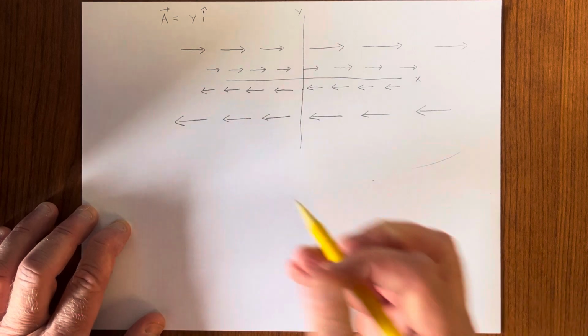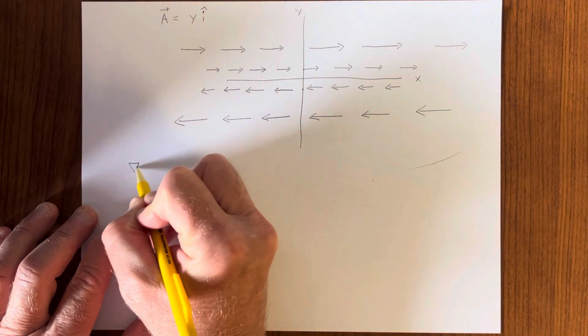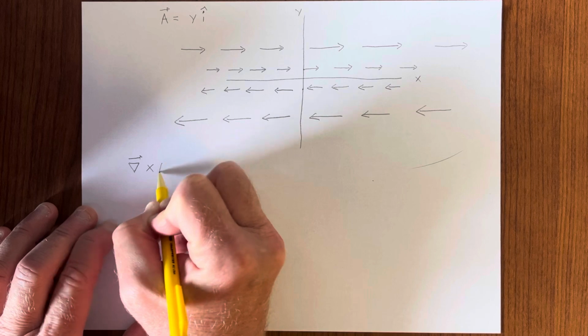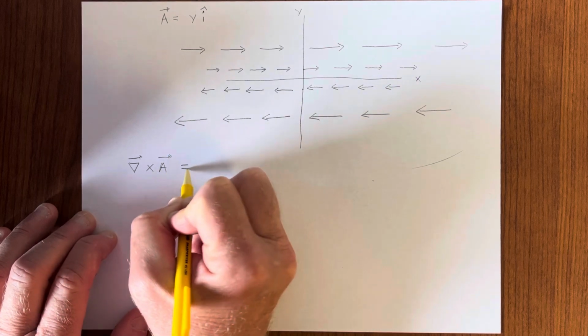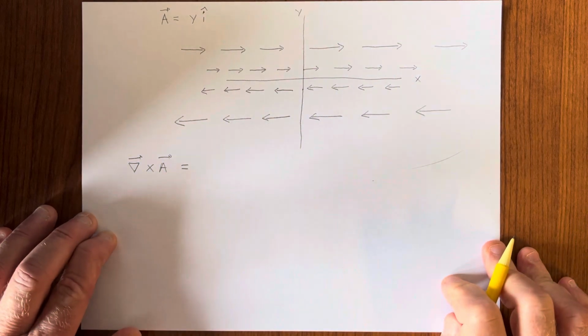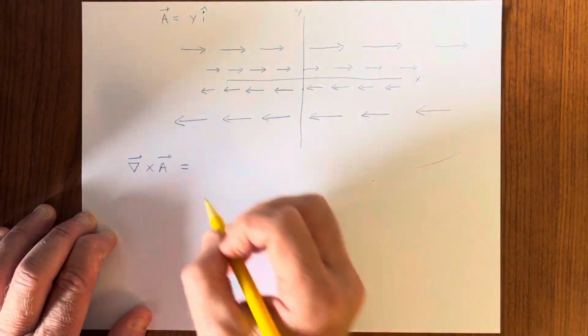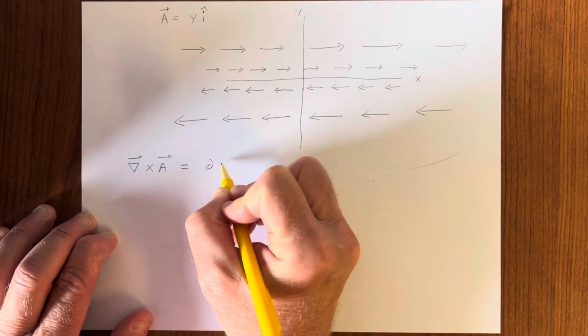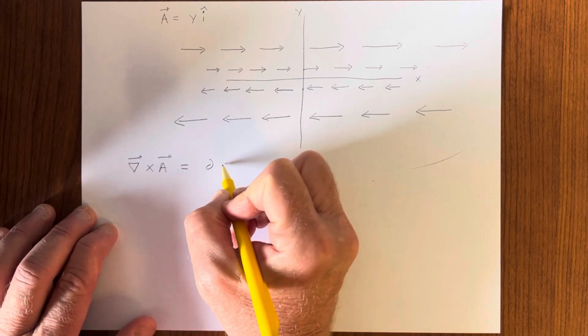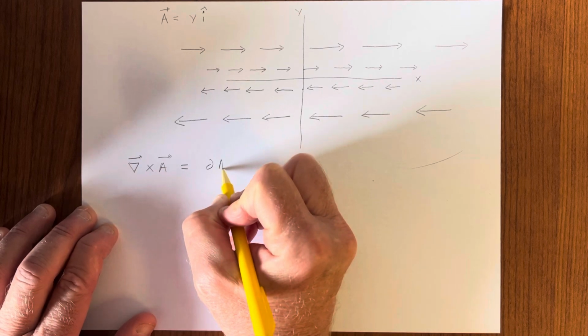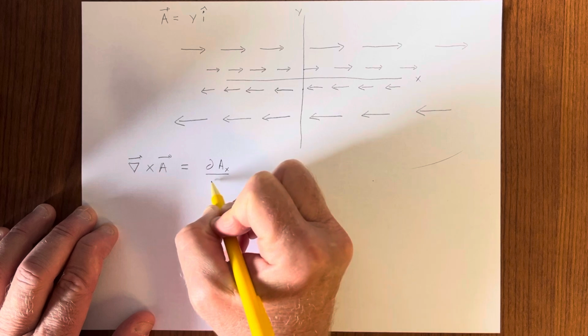So let's calculate the curl of this vector field. What is the curl of A? We know what the expression is, and we also know that we only have one component, which is the x component. The x component of A, Ax, appears in 2 places.